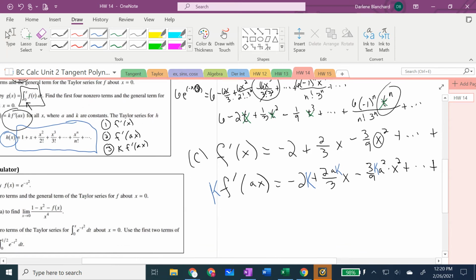And I'll talk about that after I go through it this way. So if these have to be equal, polynomials are only equal if their corresponding coefficients are equal. So corresponding coefficients, and that's actually all I need right there.